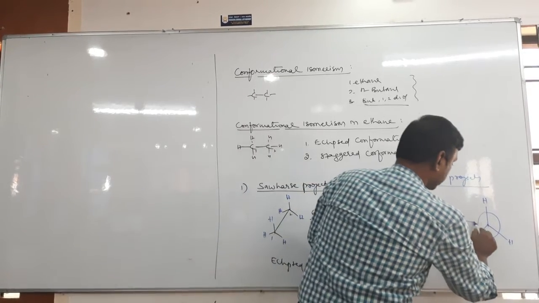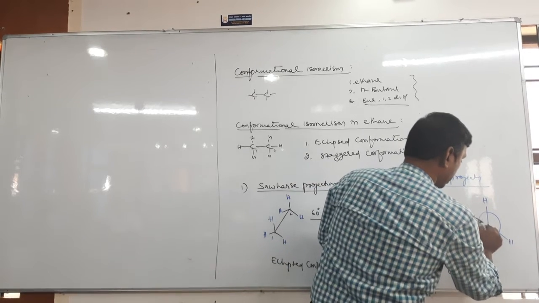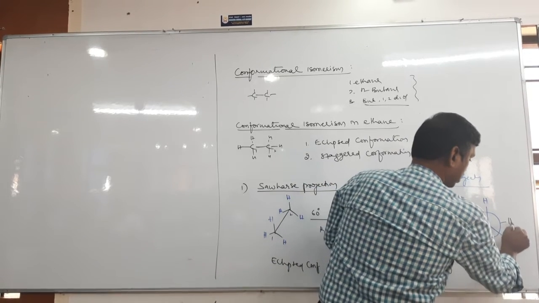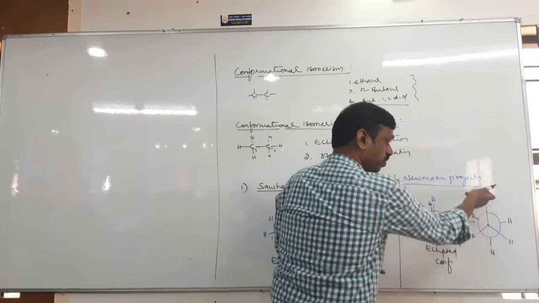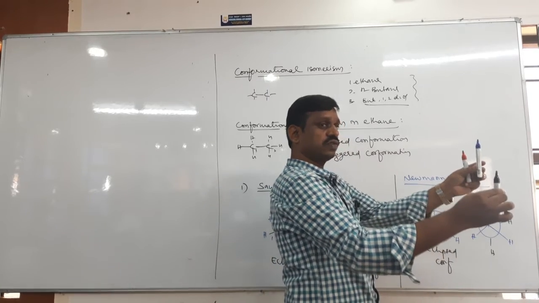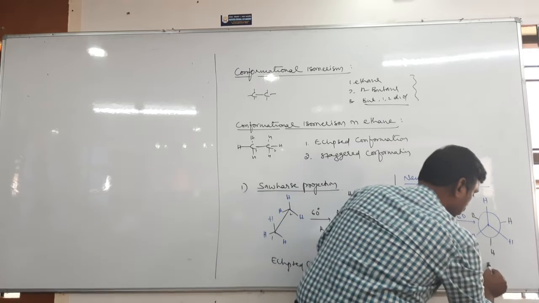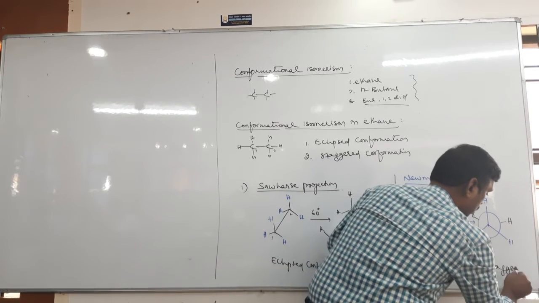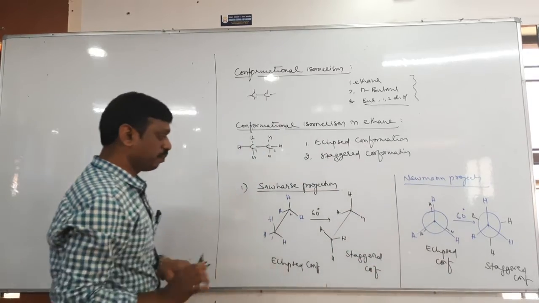By rotating 60 degrees, the back carbon's hydrogens come like this, no? Now tell me, what is the relation between these two hydrogens? They are exactly opposite, no? Like this, one like this. Therefore, this is called a staggered conformation.